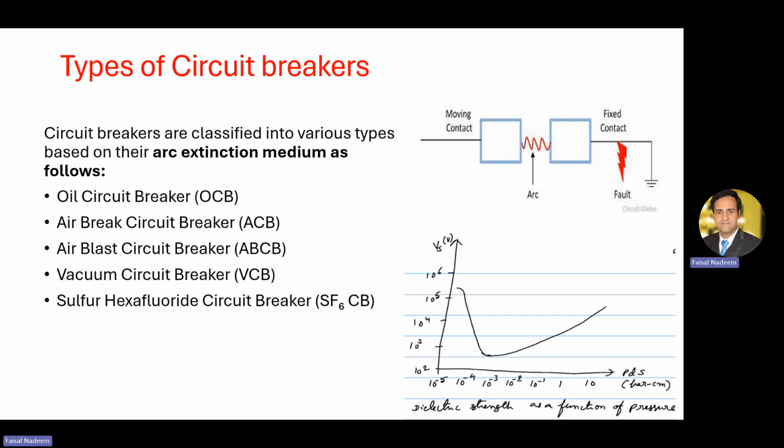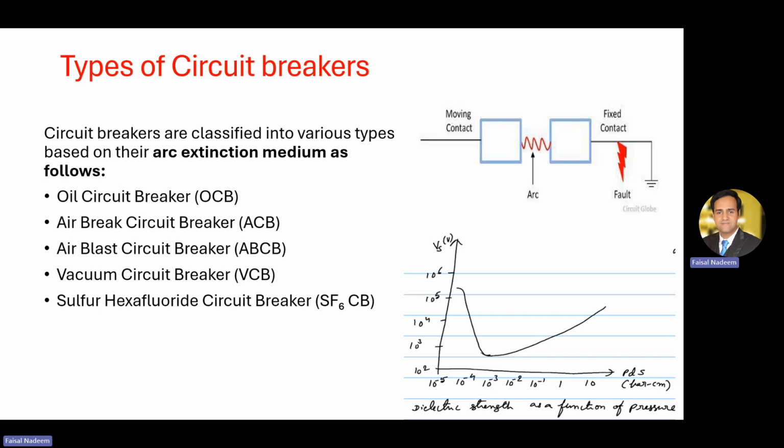These qualities must be assured so that the arc quenching or the extinguishing of the arc remains effective. To ensure these properties in a circuit breaker, there are different mediums that can serve this job.